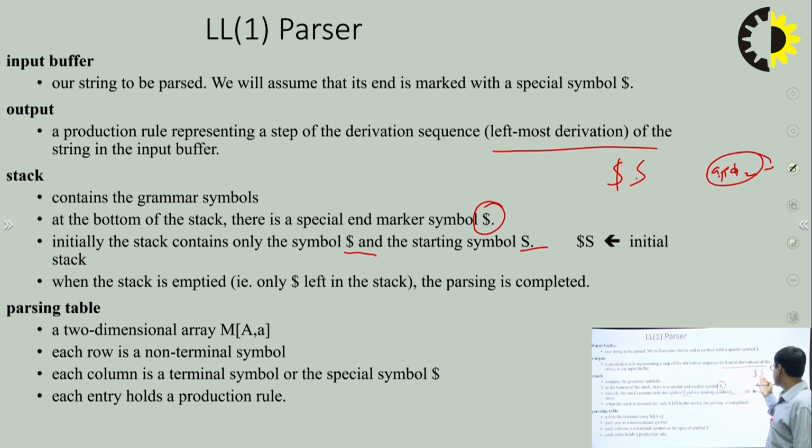It is a two-dimensional table where the rows are the variables and the columns are the terminals. If capital S is on the row and small a is on the column, that particular block contains some value. Through that value we can assess the process.